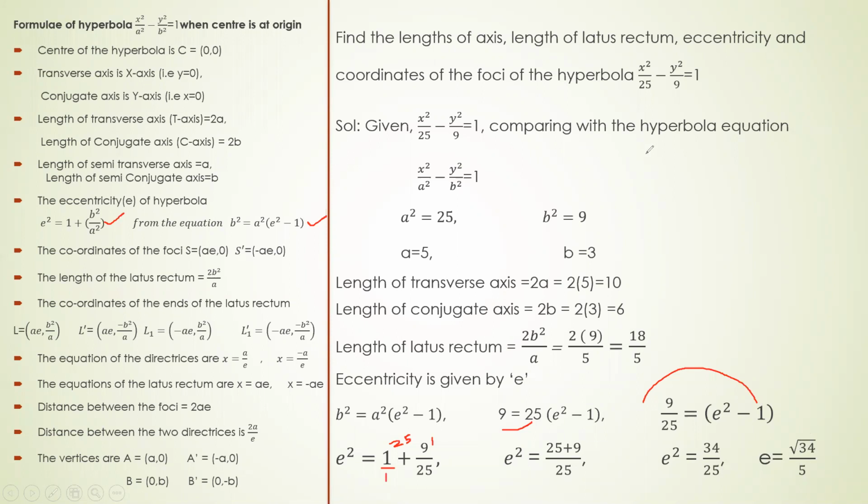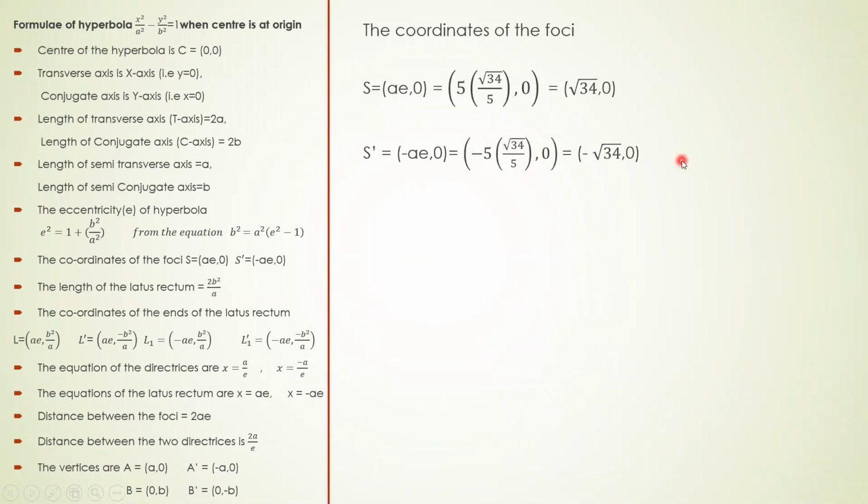Next, we are supposed to calculate the coordinates of the foci. Coordinates of the foci is given by S is equal to AE comma 0, whereas S dash will be equal to minus AE comma 0.